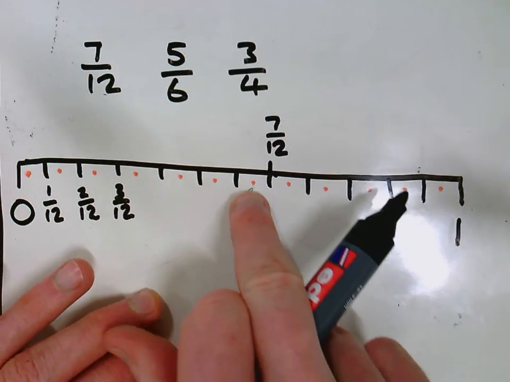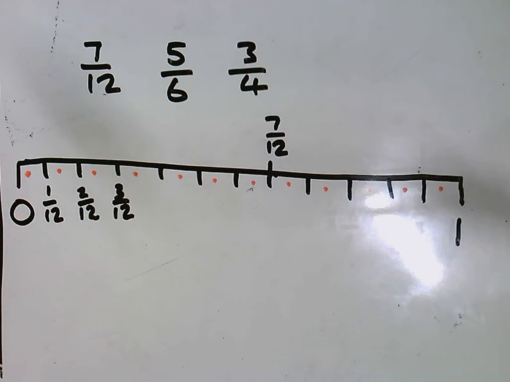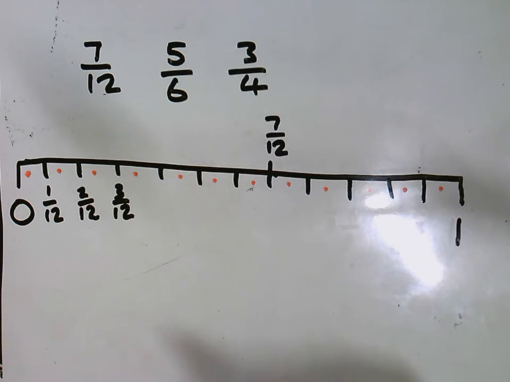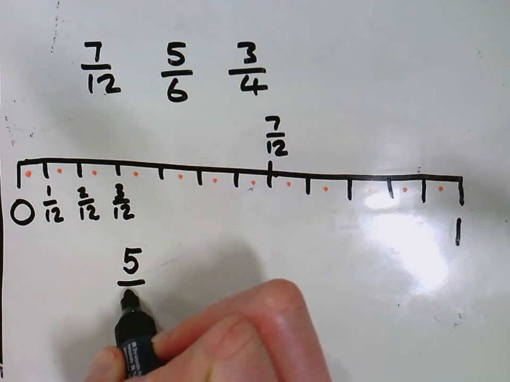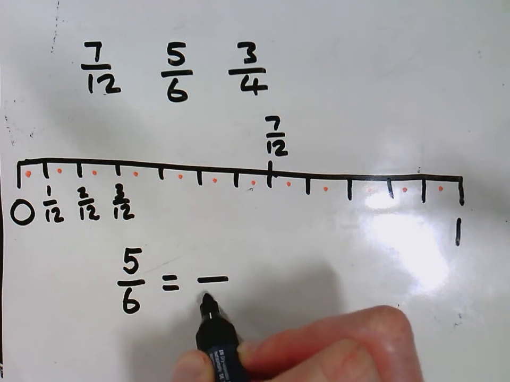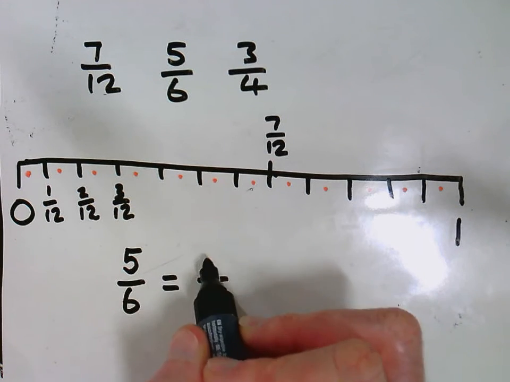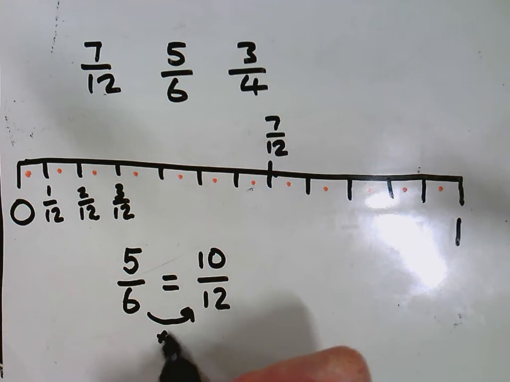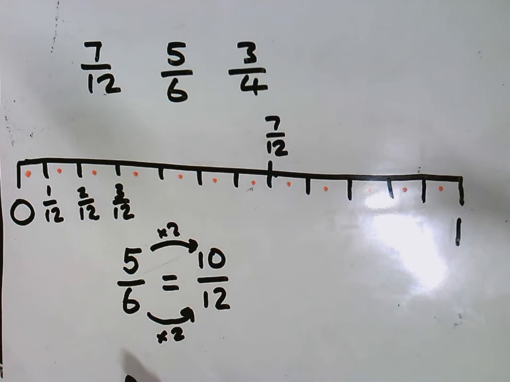Now, I can use my equivalent fraction knowledge to convert 5 sixths into twelfths and then find 5 sixths on my number line. So 5 sixths is equivalent to how many twelfths? Well, we multiply our denominator by 2, so we multiply our numerator by 2. 5 sixths is equivalent to 10 twelfths.